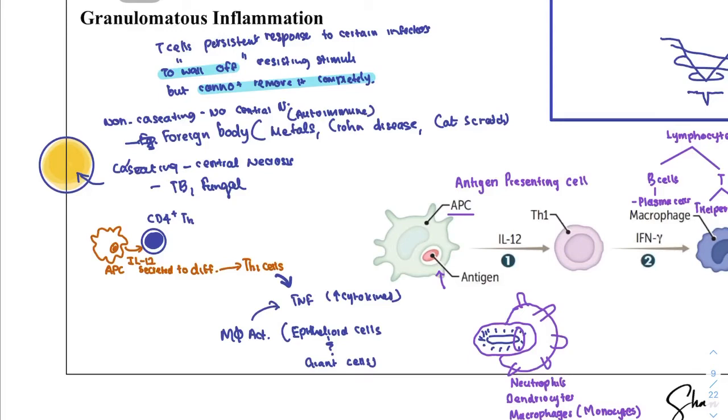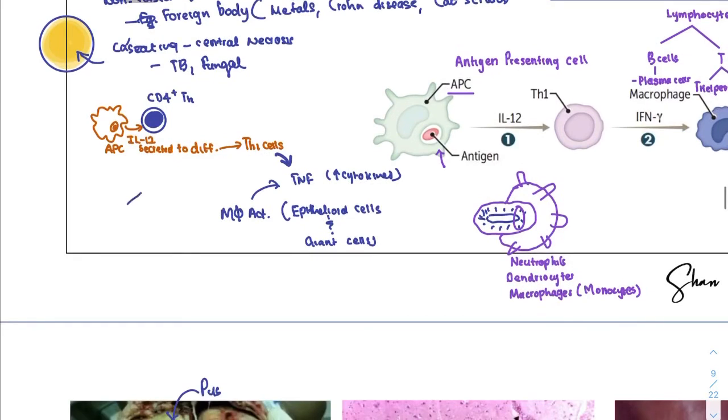It tries to get rid of it, but it cannot. So what it does is it walls off the bullet in its attempt. There's going to be cells and everything, fibers, deposits. They try to wall off this bullet, but it cannot.